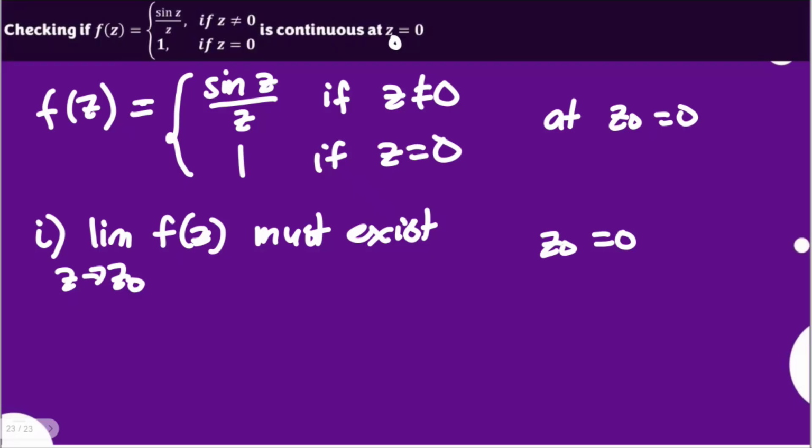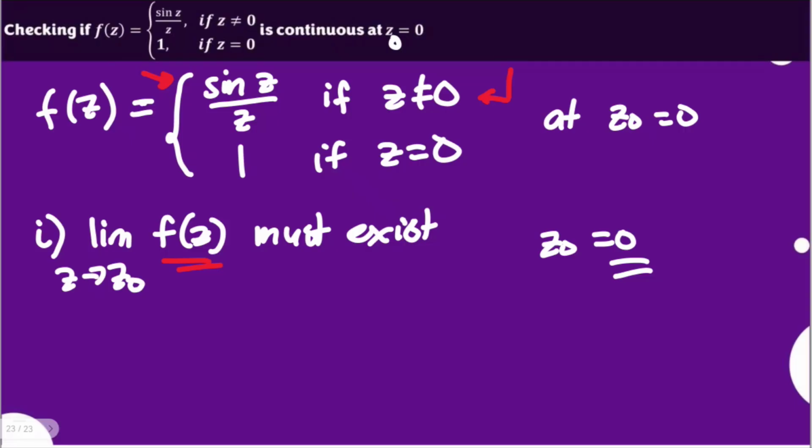When we talk about the limit, z doesn't actually equal 0, it approaches 0. That would mean we will be using the first statement, because this is the function defined for values of z not equal to 0, even those values approaching 0. So we are going to use sine z over z for our first condition.